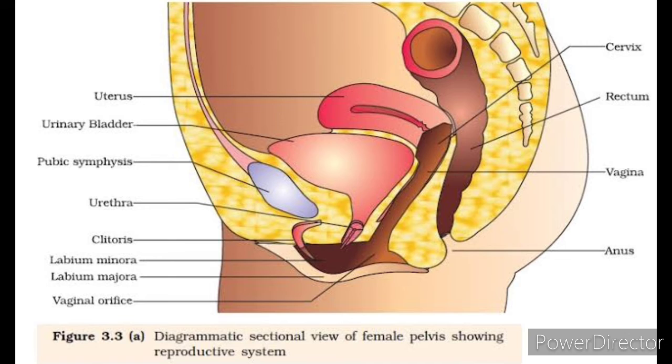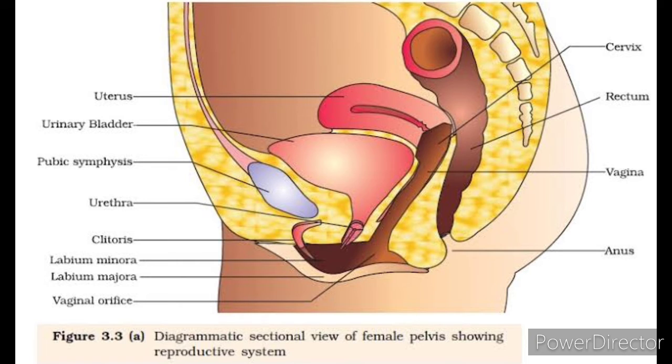The mons pubis is a cushion of fatty tissue covered by skin and pubic hair. Inside the mons pubis, the labia majora are the fleshy folds of tissue which extend down from the mons pubis and surround the vaginal opening. Inside the labia majora there are the labia minora, which are also paired folds of tissue.